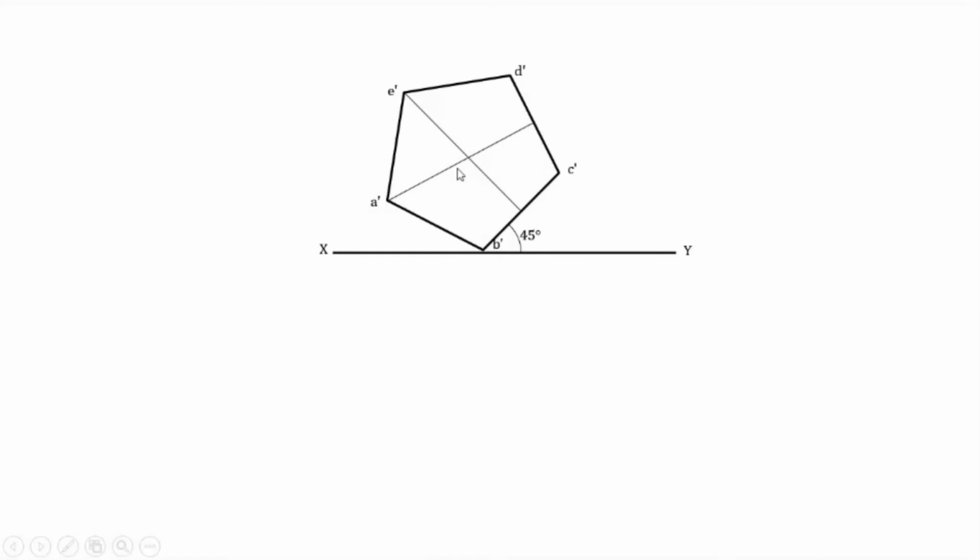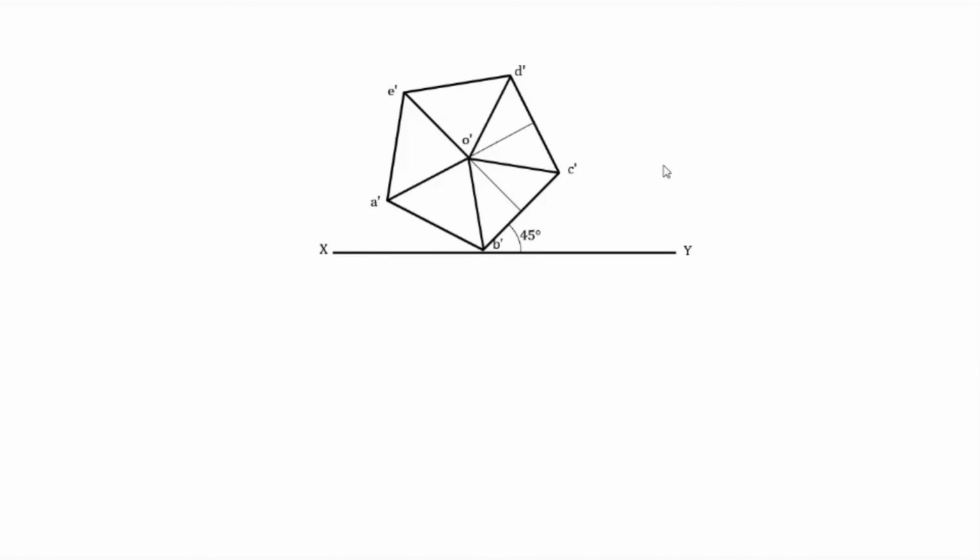So this point will be the apex. Now all the corners should be joined with the apex. The apex is named as O dash. So all the 5 corners are joined with the apex. Now the front view of the given pentagon is complete.